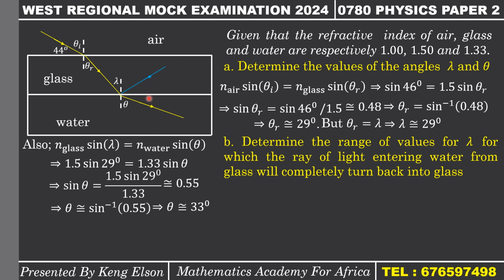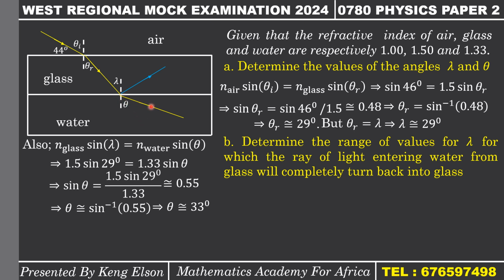So this is what they are talking about. So we need to find the range of values of lambda for which this ray of light will rather be this ray of light. Alright, so basically this is what we call total internal reflection. Total internal reflection occurs, first of all, according to the situation.